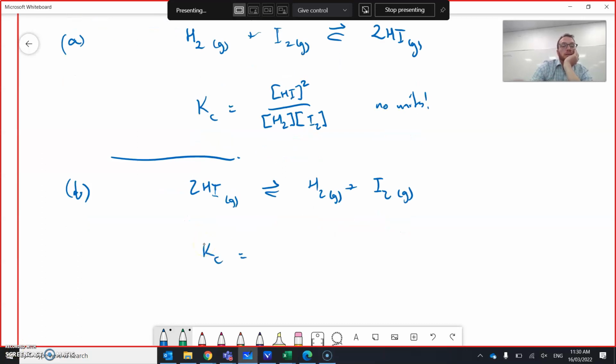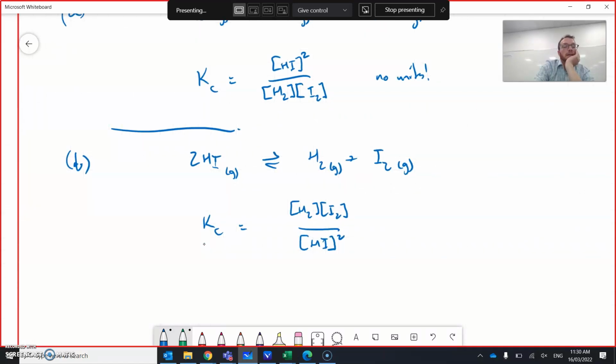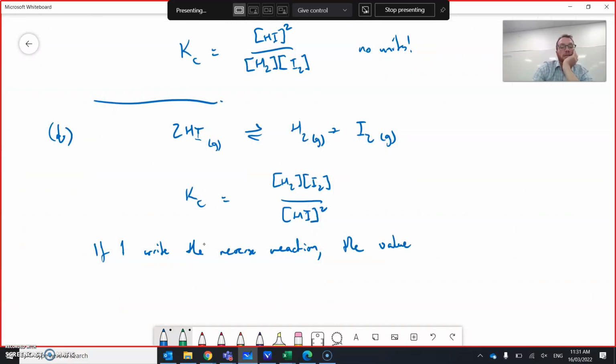So Kc equals the concentration of HI squared over the concentration of H2 times the concentration of I2, right? So we can make a general statement about this. If I write the reverse reaction, the value of Kc will be the reciprocal, i.e. 1 on Kc of the forward reaction.